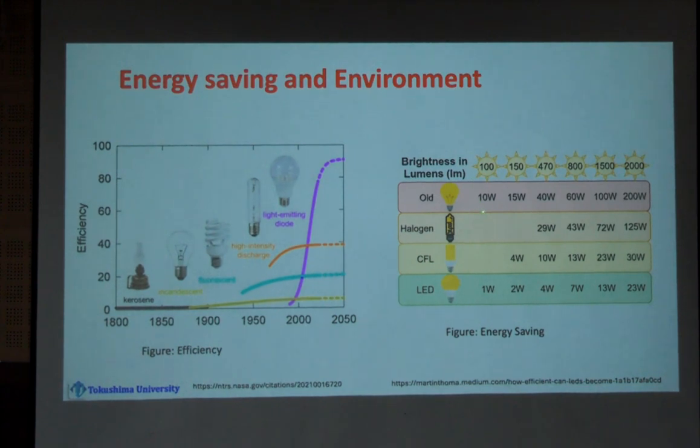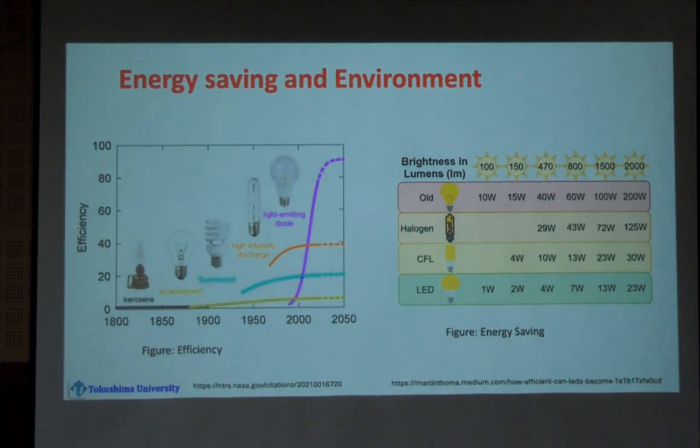Or if you want to create 2000 lumen brightness of light, you require almost 200 watts. But look at LED, it is 23 watts, 10 times less. So what does it show? Light emitting diode saves power.